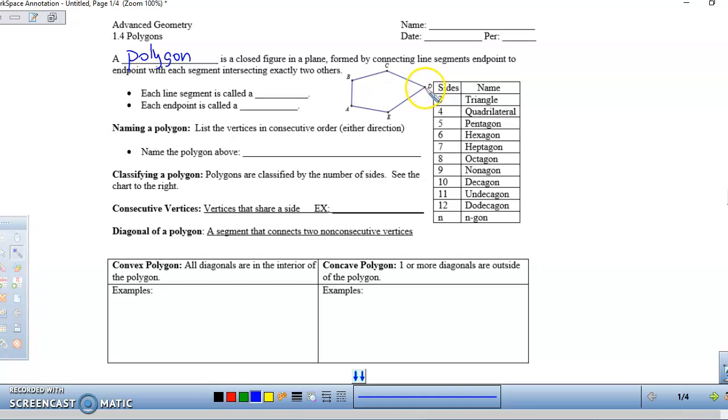So each of these corners or vertices is an intersection with another side. So CD is intersecting with BC and CD is intersecting with ED. So there's two intersections. Each line segment is called a side of the polygon, and each endpoint or intersection is called the vertex.